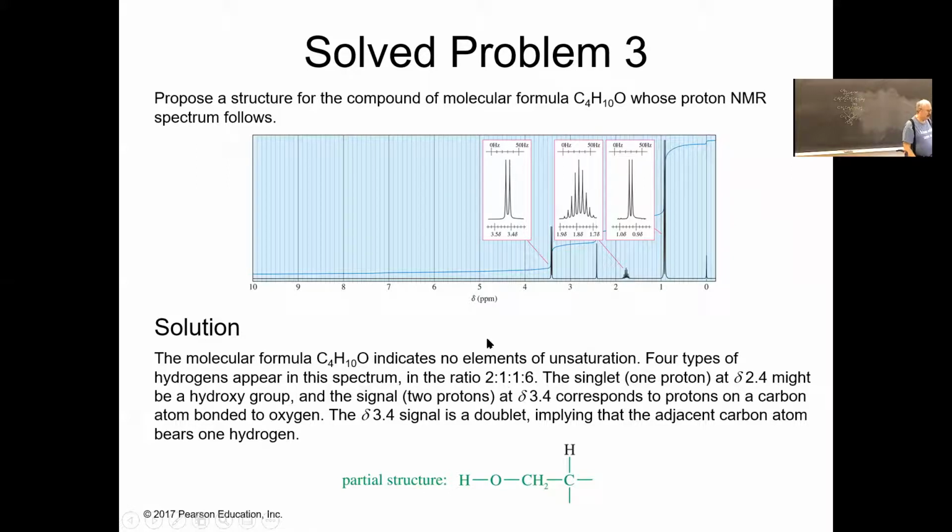Okay, so it looks like we have a CH2 there. And this is a doublet, so it has 1 neighbor. Okay, so CH2 next to the OH, okay, that would narrow it down to n-butyl or isobutyl.